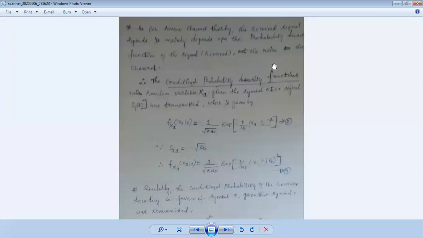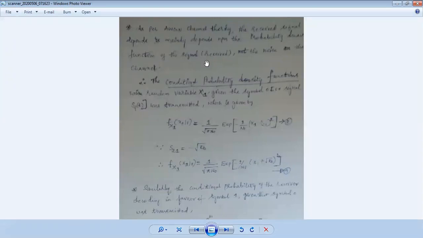Okay, here also look back. As per the AWGN channel theory, the received signal mainly depends upon the probability density function of the signal at the receiver. That means it does not depend on the noise. We have proved it. Very important. That is why we mentioned one of the basic advantages of using the AWGN channel in communication rather than any other channel. Other channels may give some advantages, maybe in terms of bandwidth, frequency, or SNR, whatever it may be.